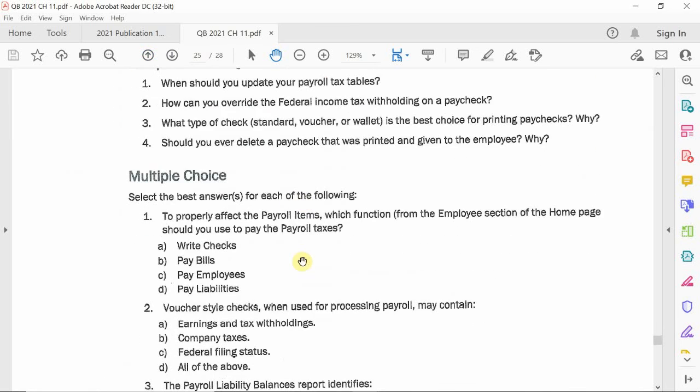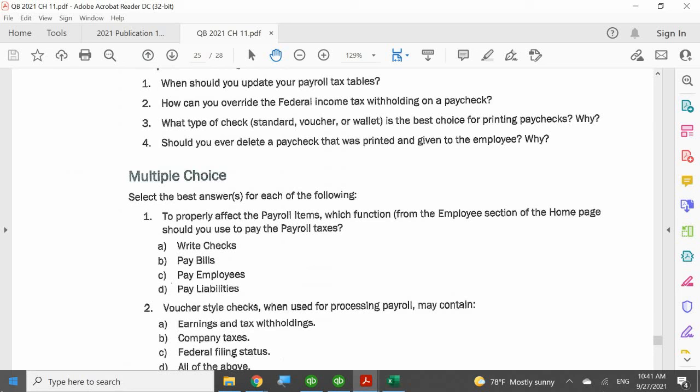Okay. So once again, your task here is to select the best answer of the following. Number 1, to properly affect the payroll items, which function from the employee section of the home page should you use to pay the payroll taxes?